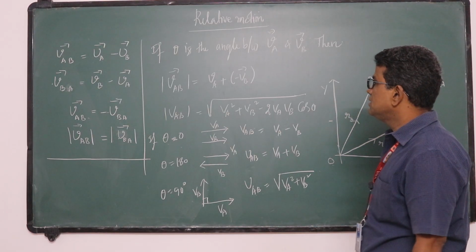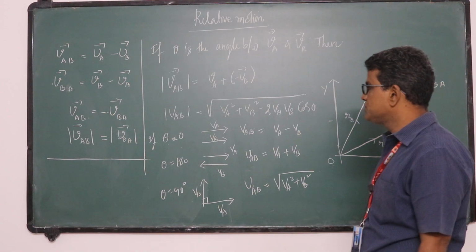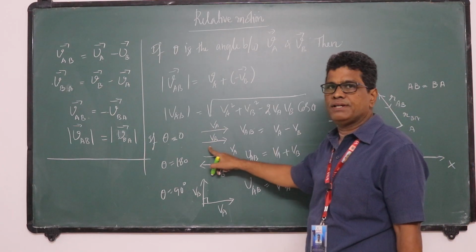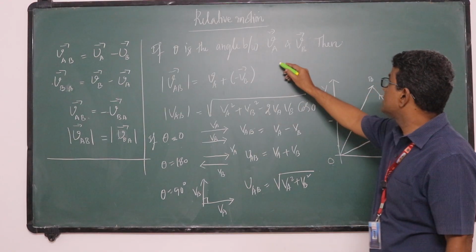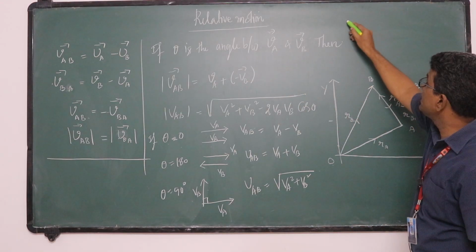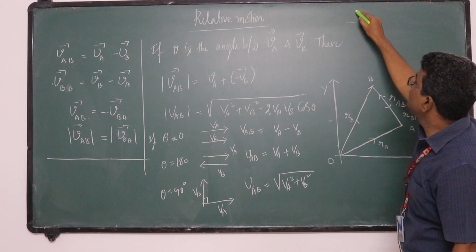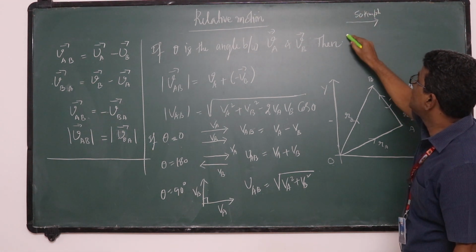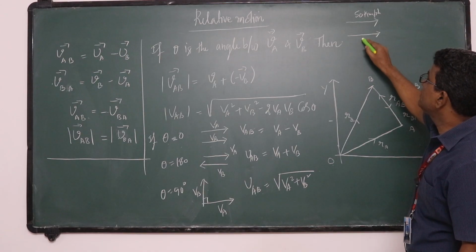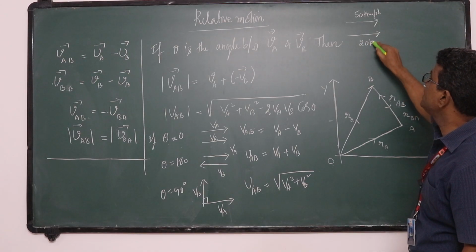So let us suppose two trains are moving in the same direction. So you subtract. Take this small example. Suppose two trains are moving in the same direction, one with 50 kilometers per hour and another train with 20 kilometers per hour.